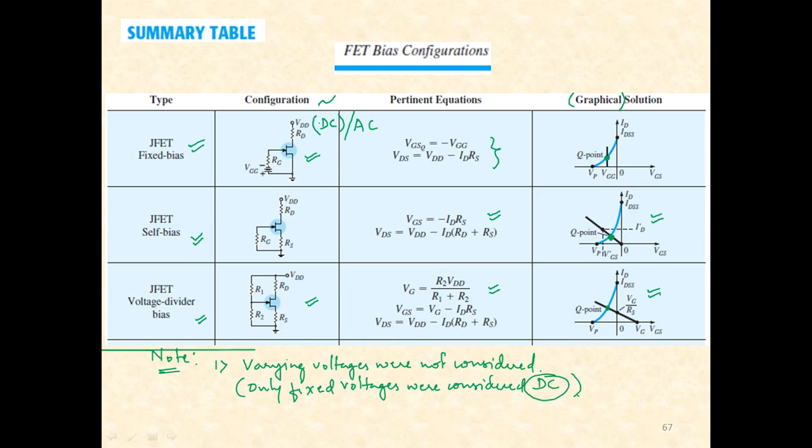What if VDD varies, or what if we are performing the AC analysis so that input as well as output signals are now to be considered? When both input and output are included, we will have to consider the coupling capacitors also. All those things come under small signal analysis.